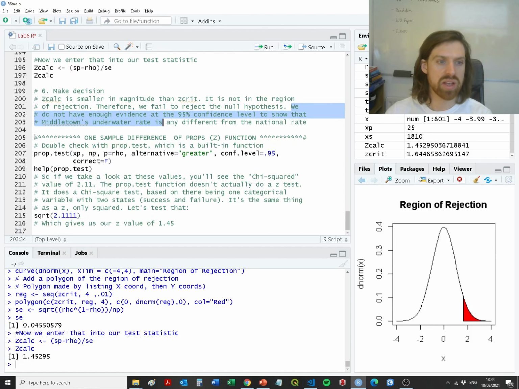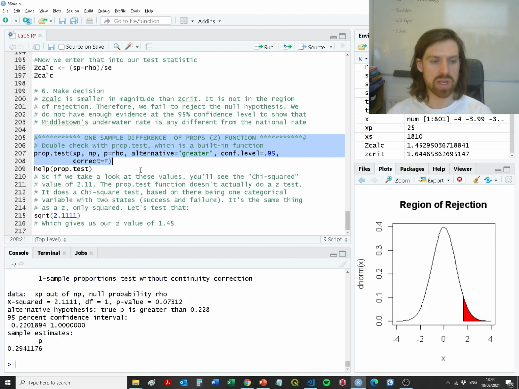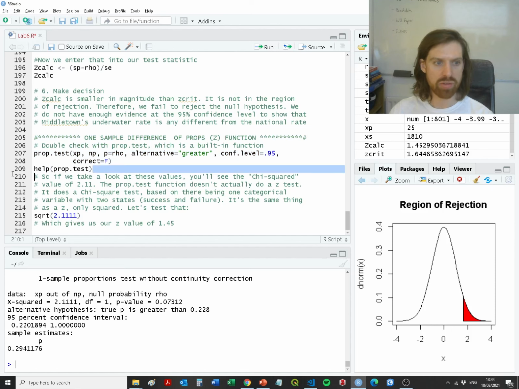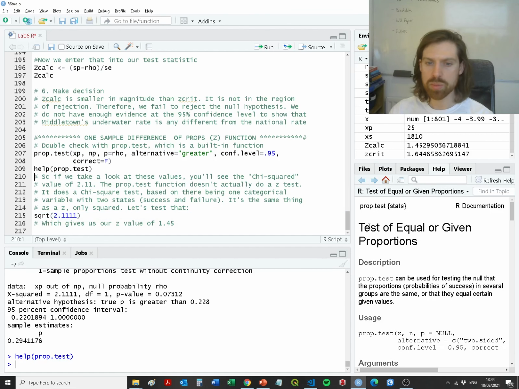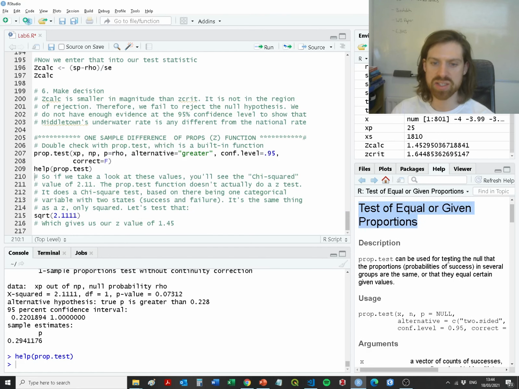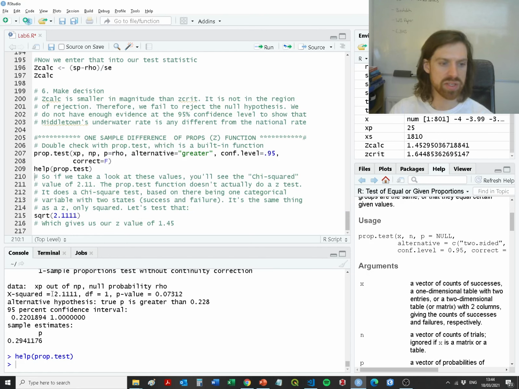So let's check using one of the inbuilt tests whether we are able to obtain this similar statistic. We don't have an inbuilt function specifically to test these proportions, but we are able to use this particular proportion test here. What it produces is a chi-squared value, which here is 2.11111.